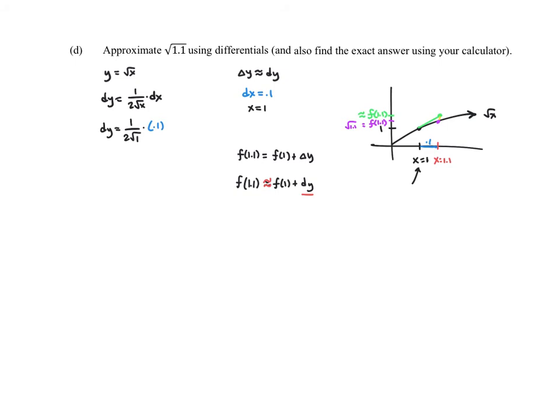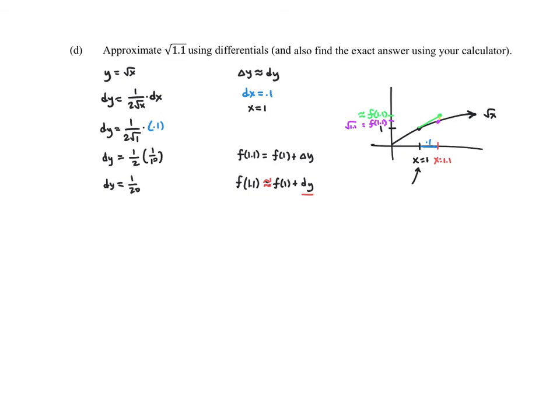And let's do a little work to find our value for dy. dy is equal to 1 over 2 times 1 over 10, so dy is equal to 1 over 20.